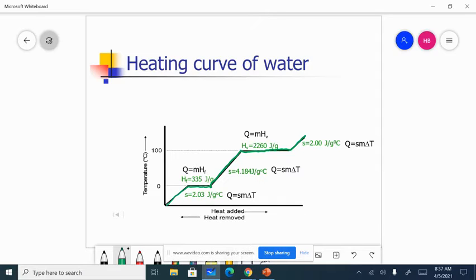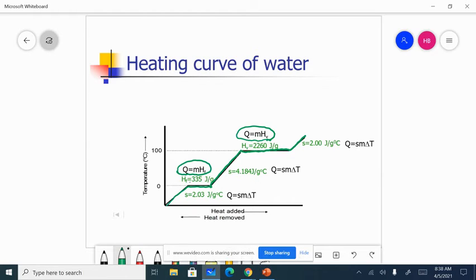If you are not changing temperature, then you're changing phase. Then you use the formula that does not have the temperature change in it. So on your heating and cooling curve notes, add the formula without the temperature change to the phase change plateaus where the temperature is not changing.